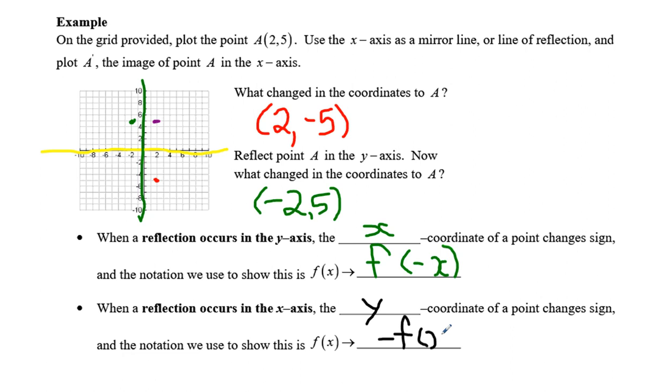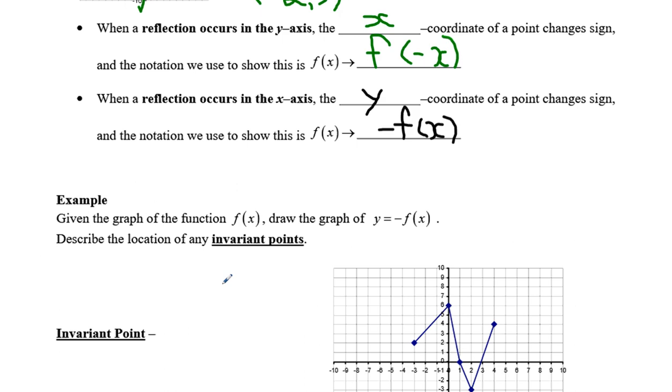This is saying put the negative on the whole function. This is saying put the negative only on the x portion of the function. Thus, change your x, change your y. That's what that means.